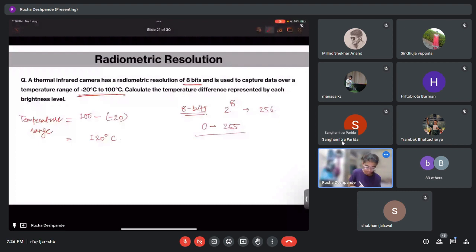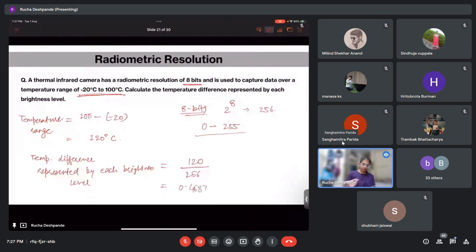And it will be 120 divided by 256. So that is equal to 0.46875. So if you want to visualize this, our temperature range starts from -20.